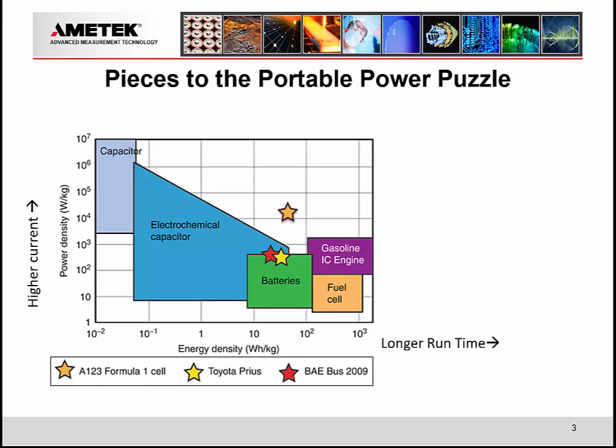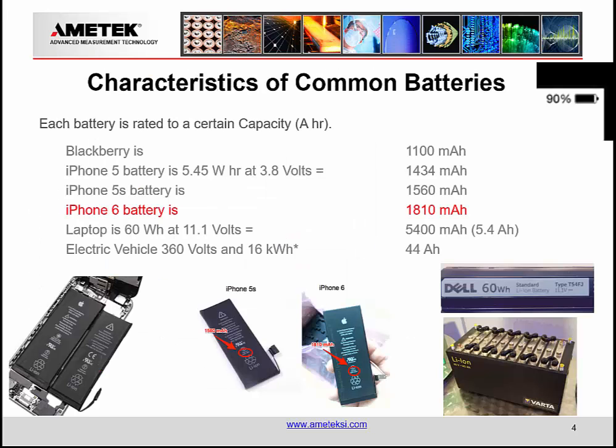Fuel cells are an interesting place as well, because they'll functionally run so long as you continue to supply them with fuel. That shows a large energy density, and again that lower power density. And there is the gasoline engine there represented as a comparison.